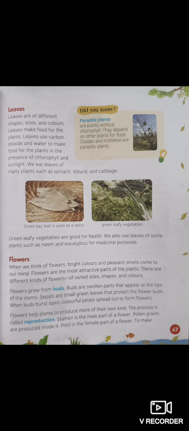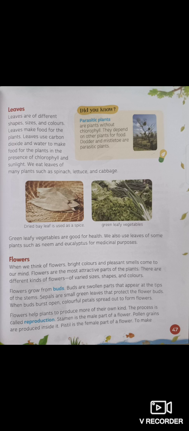And leaves use carbon dioxide and water to make food for the plants in the presence of chlorophyll and sunlight. And of course, we eat leaves as well, like spinach, lettuce, cabbage. And then also we use them as medicines as well, right? Those are leaves.